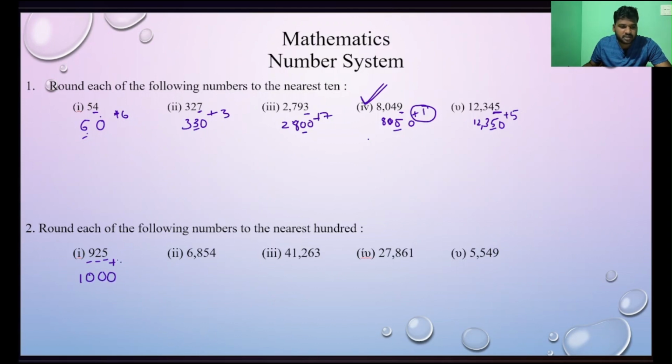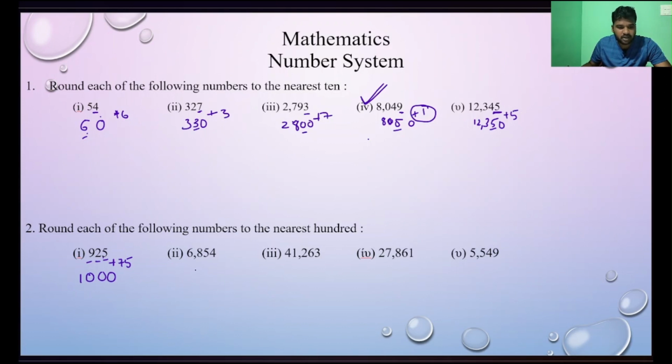Why? Here they are asking for the nearest 100. We should convert to the nearest 100 value by adding some values to the ones and tens digits. So for 9,925, when we add 75, we will get 1000.